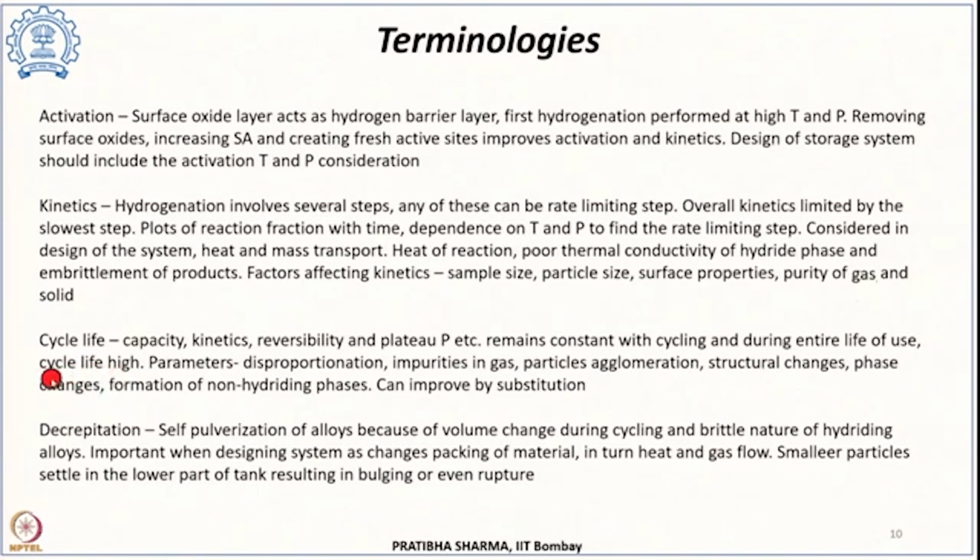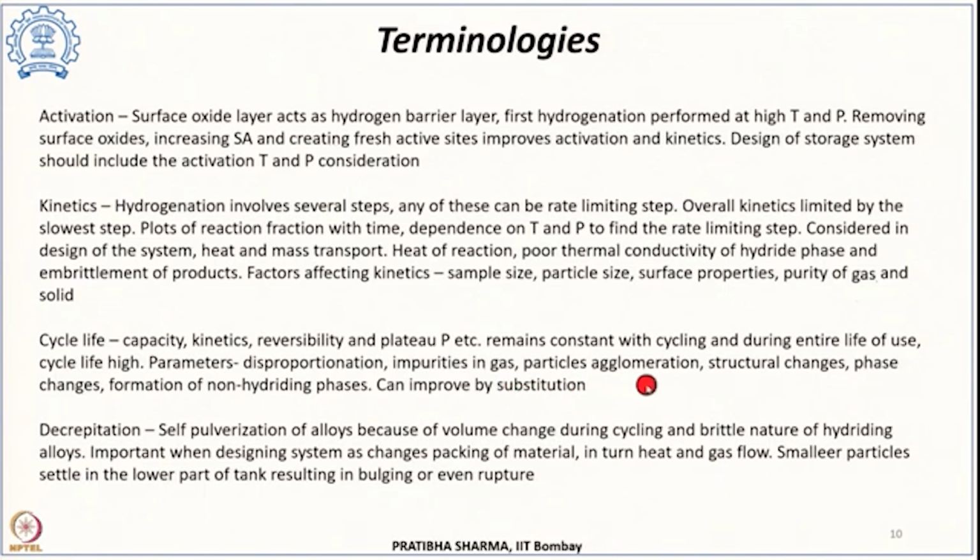Now, there are several parameters which govern the cycle life of these materials, like disproportionation and the expansion and contraction of volume. If impurities are present in the gas, then some of the metal hydrides get poisoned because of these impurities, and their cycle life reduces.